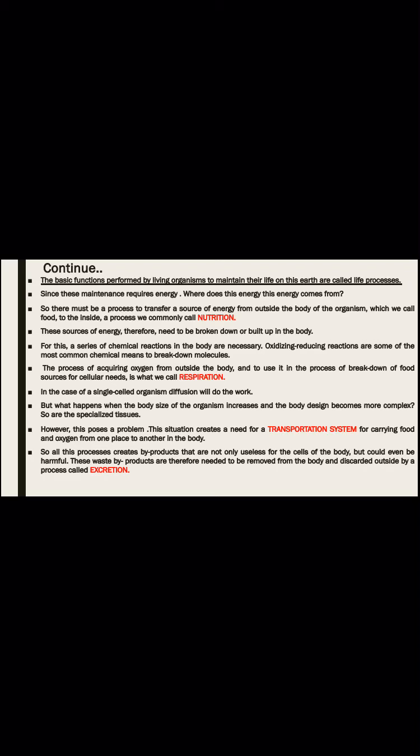They have different tissues which do the function of taking in oxygen, taking in food, breaking down the food, and so on. In a multicellular organism, diffusion is not going to work. If there is so much glucose inside the liver, it is not going to reach the other parts of the body only with the help of diffusion.